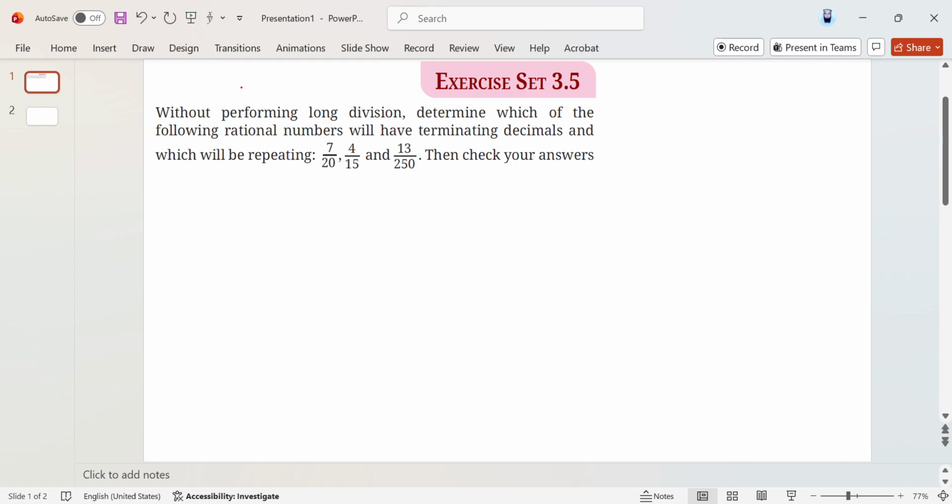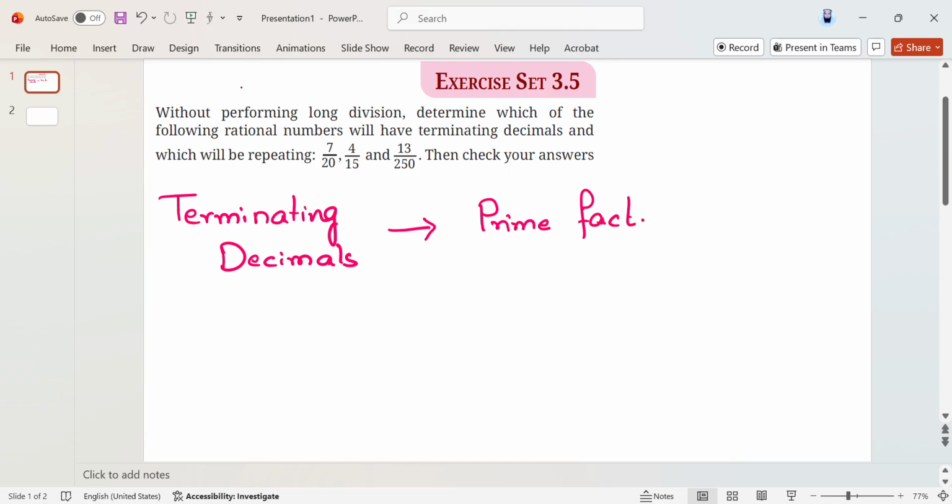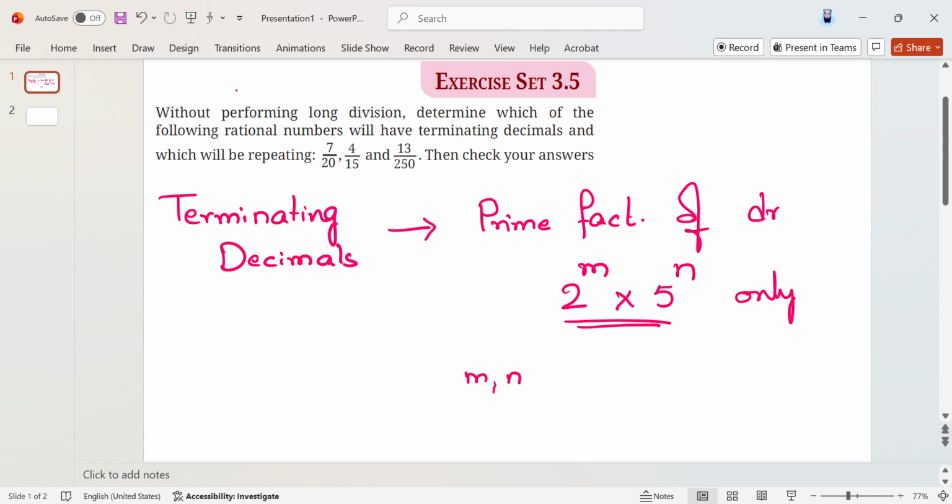In order to have a terminating decimal, the prime factorization of the denominator should be only in the form of 2 to the power of m into 5 to the power of n only, where m, n are greater than or equal to 0.